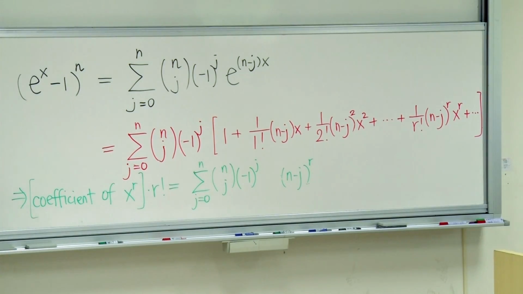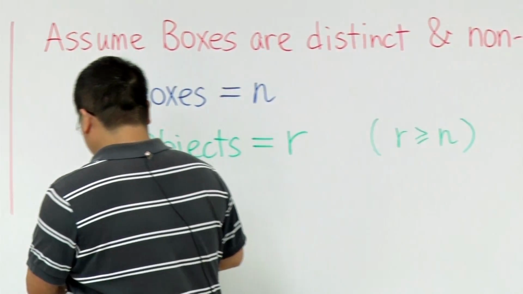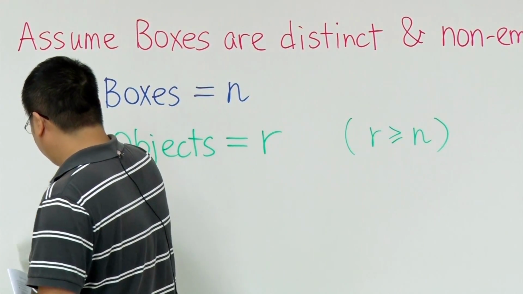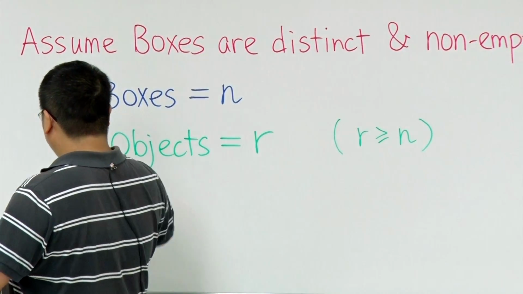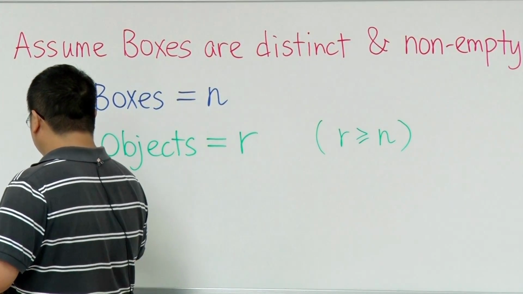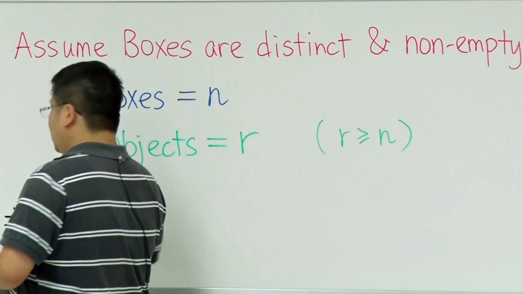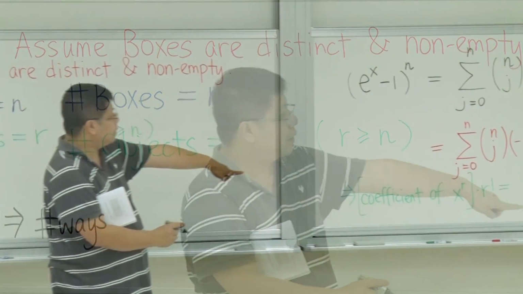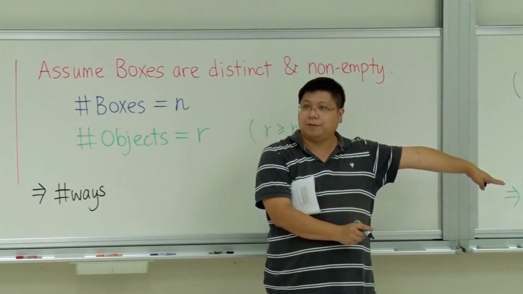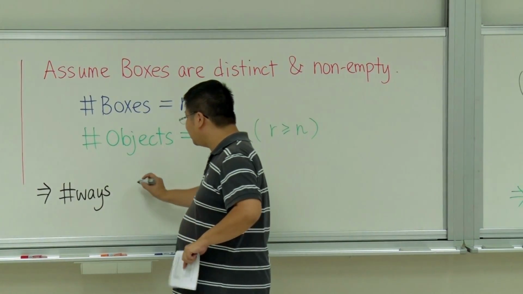Let me copy the answer here. So the number of ways that we want is the coefficient of x to the power r times r factorial, and it is equal to a very strange term.